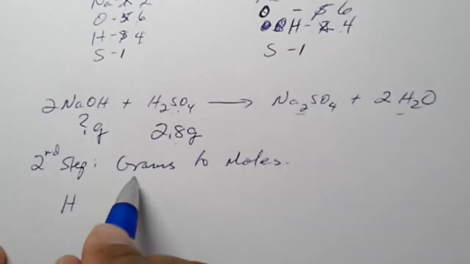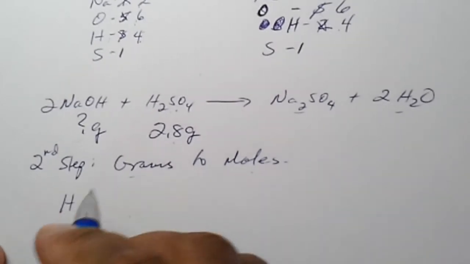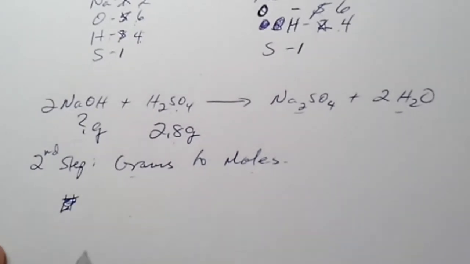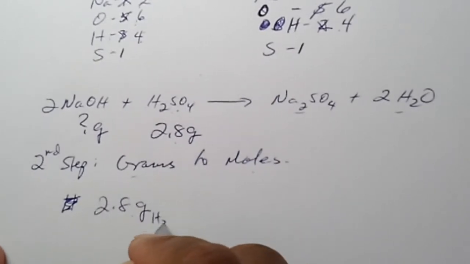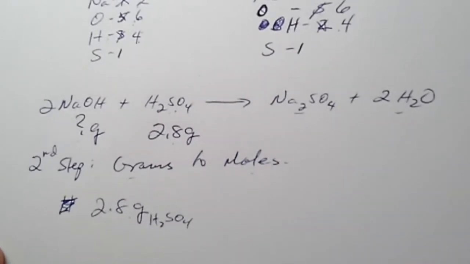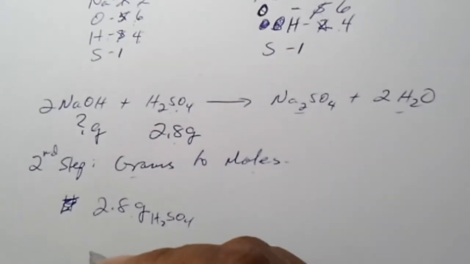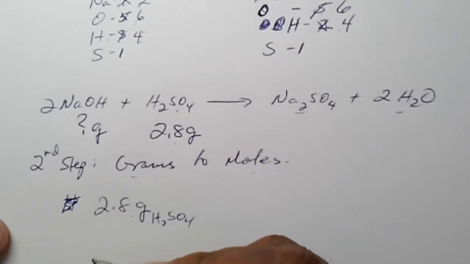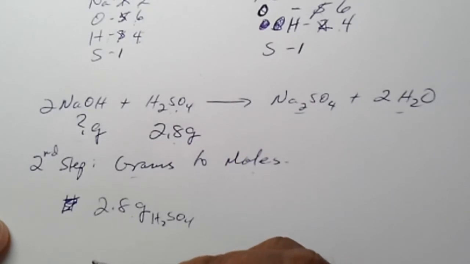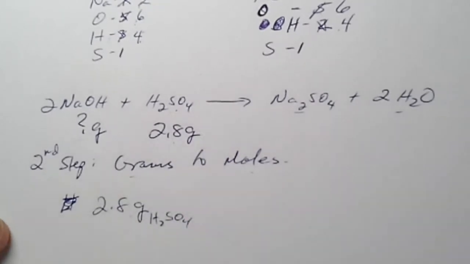Alright, so what I mean by grams to moles: if we're given 2.8 grams of our sulfuric acid, we need to convert that into moles, because we don't measure our reactants and products in terms of grams when we are calculating in stoichiometry.